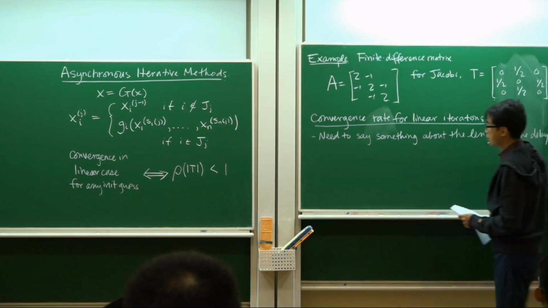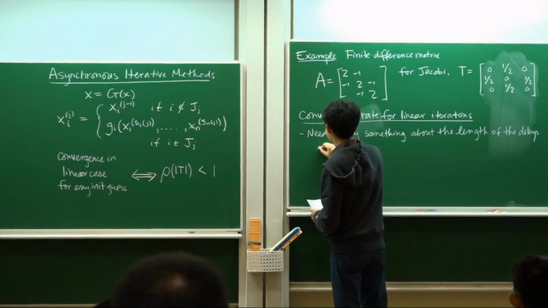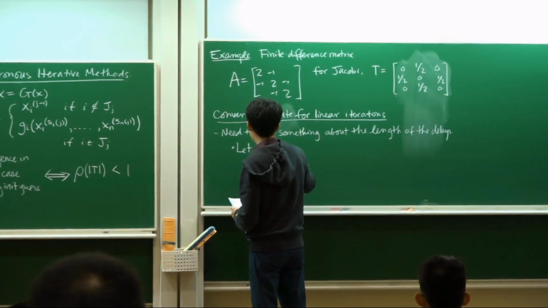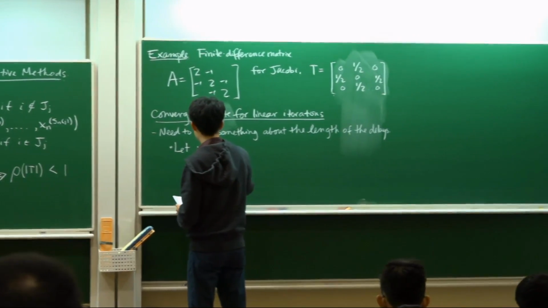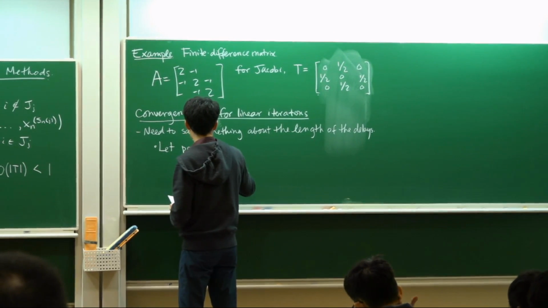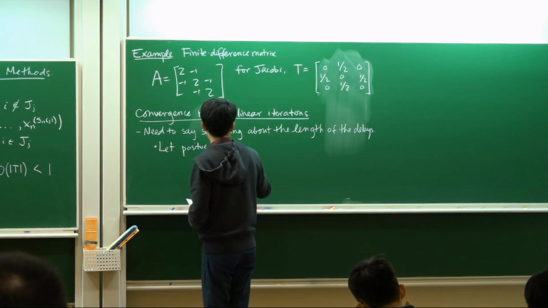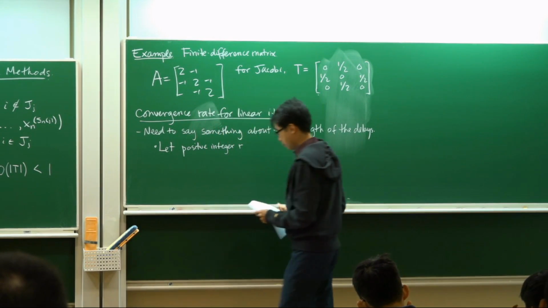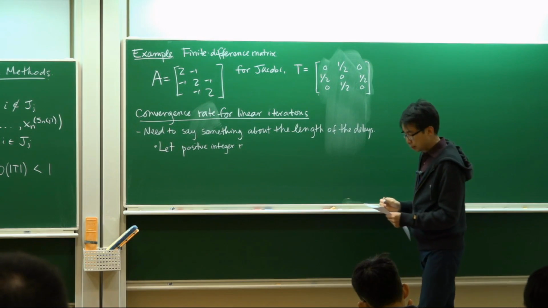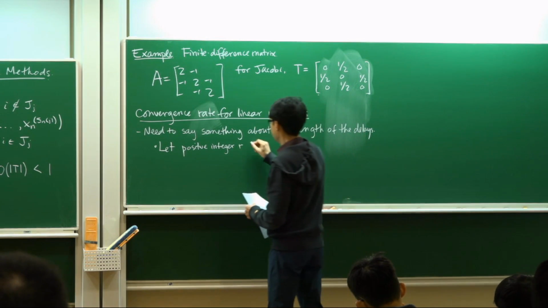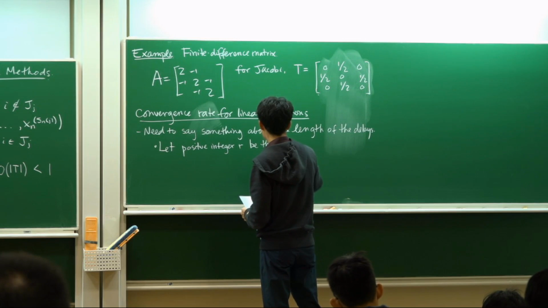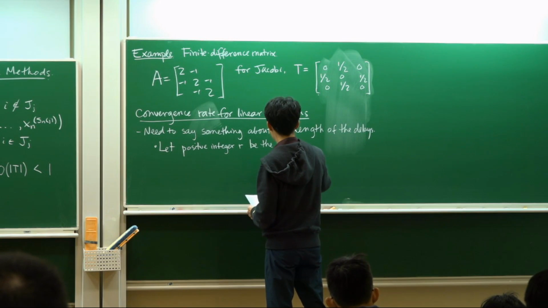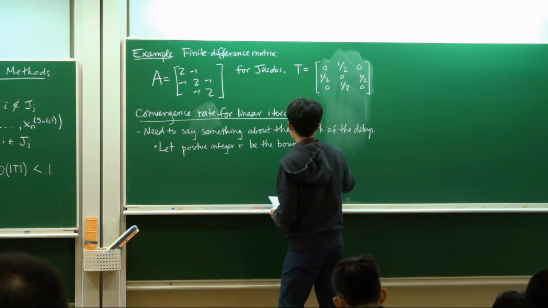Okay, so let's define this positive integer r as a bound on the delay. A bound on all of the delays.